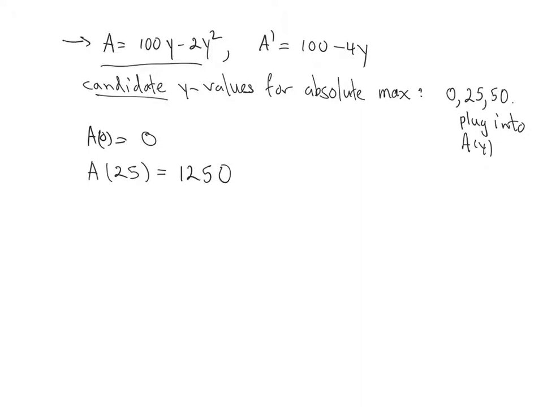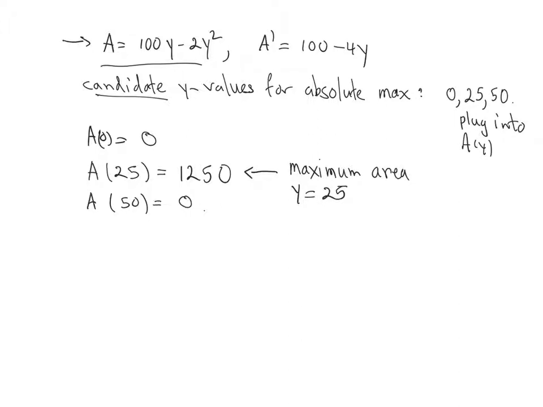And then the area when y is 50 is again 0. If I plug 50 into the area formula, I get 0. And so the maximum value is 1,250. That's the maximum area, and it is obtained by choosing y equals 25.